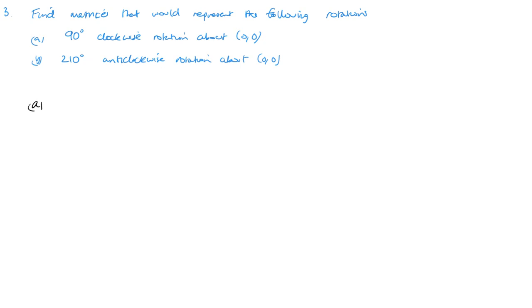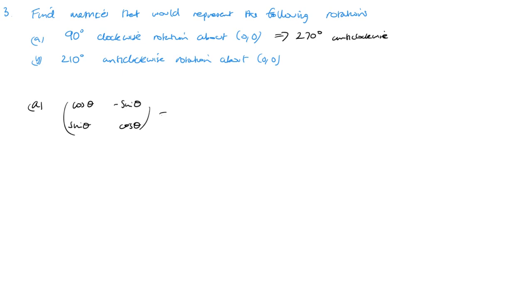So for part A, you've got to remember cos theta, sine theta, minus sine theta, cos theta. Now 90 degrees clockwise is 270 degrees anti-clockwise.